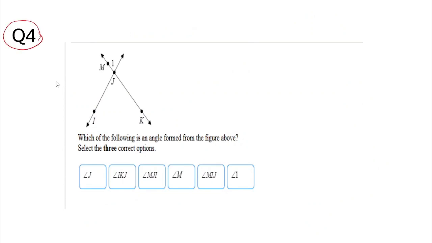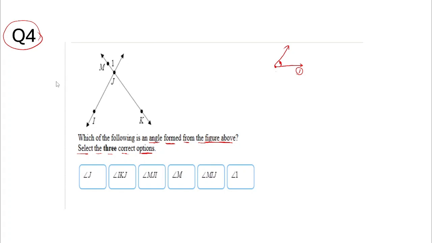Okay, it says here, which of the following is an angle formed from the figure above? Select the 3 correct options. As we said before, an angle is formed when two rays have the same endpoint, right?